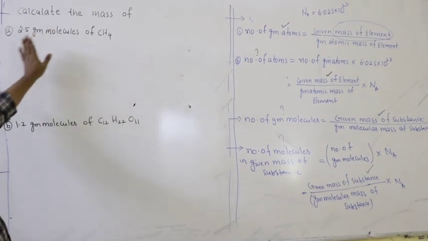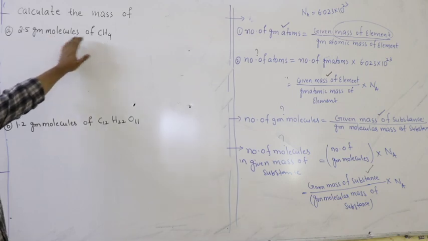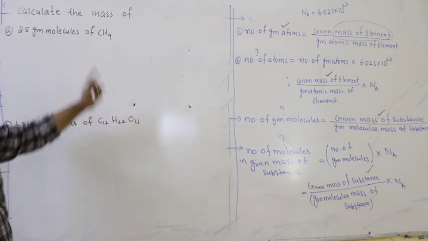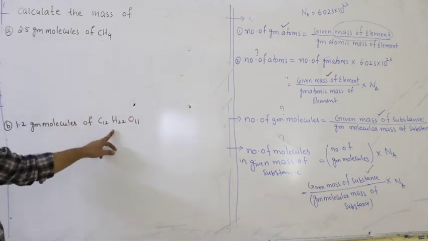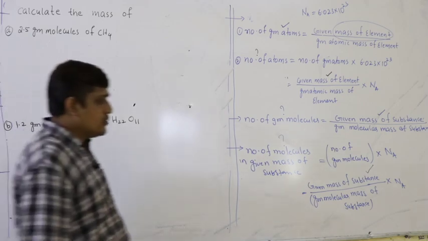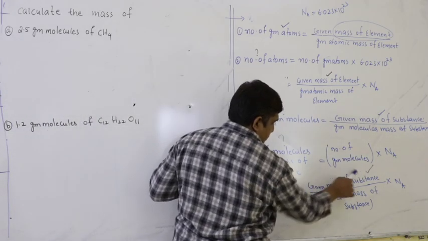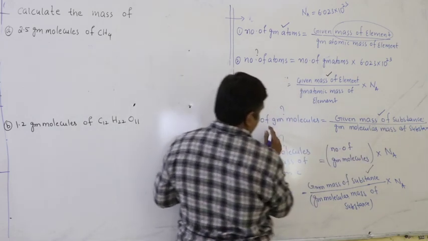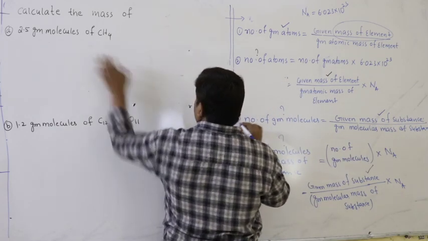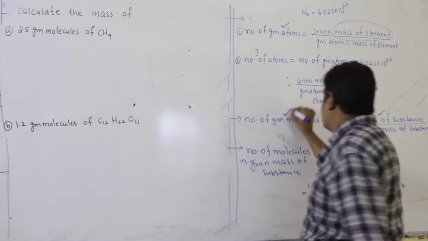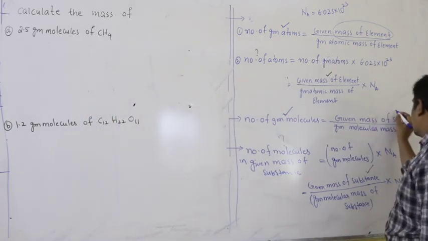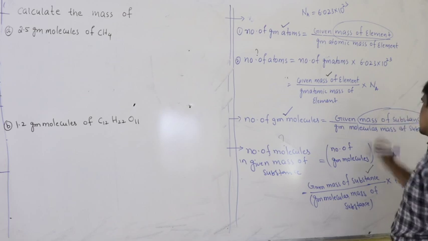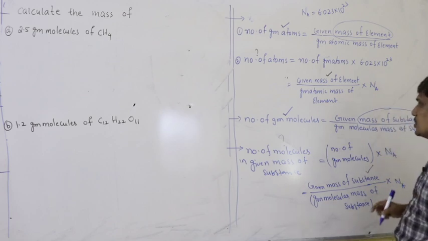Calculate the mass of, here gram molecules are given, mass of what? Molecules. Methane is a molecule, right? Sucrose is also a molecule. So we have to find mass of the substance. Gram molecules are given. So mass of the substance is equal to what?